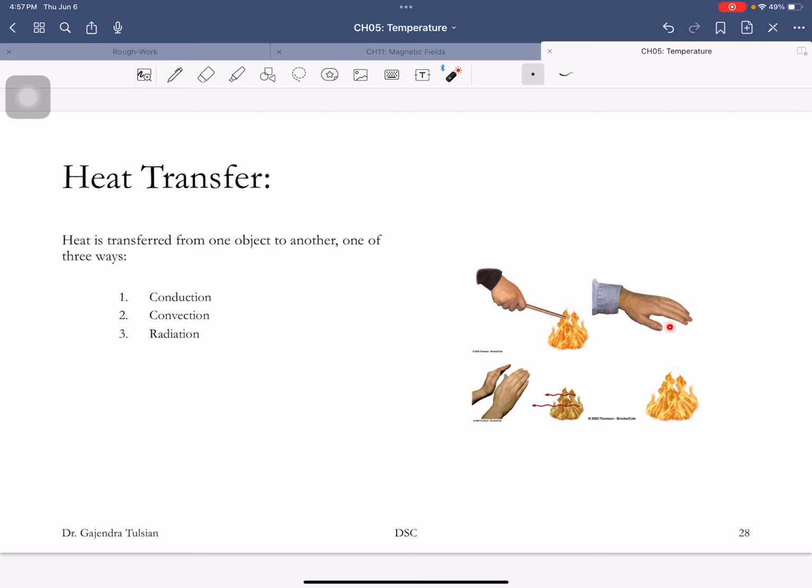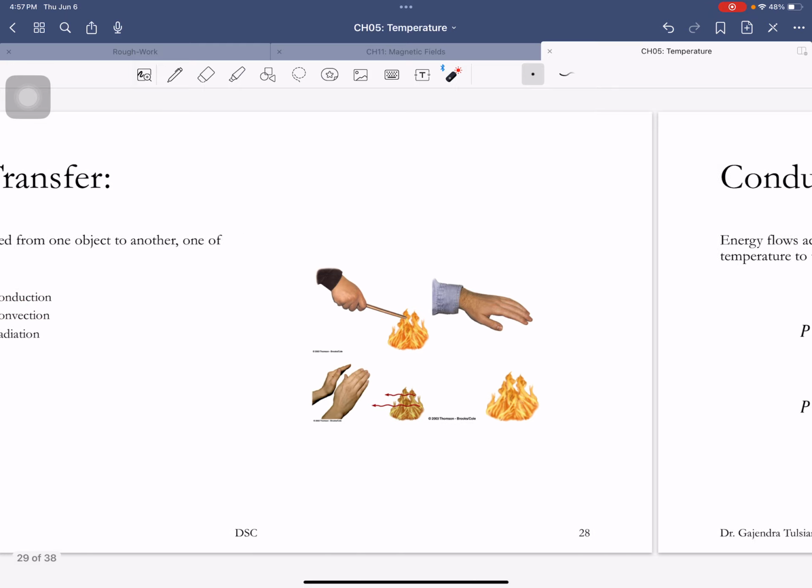So this warm air rising up is bringing warmth to you. This is conductive heat transfer, this is radiative heat transfer, and this is convective heat transfer. The convective heat transfer involves the motion of a fluid, in this case, hot air. So the three ways of heat transfer are conduction, convection, and radiation.